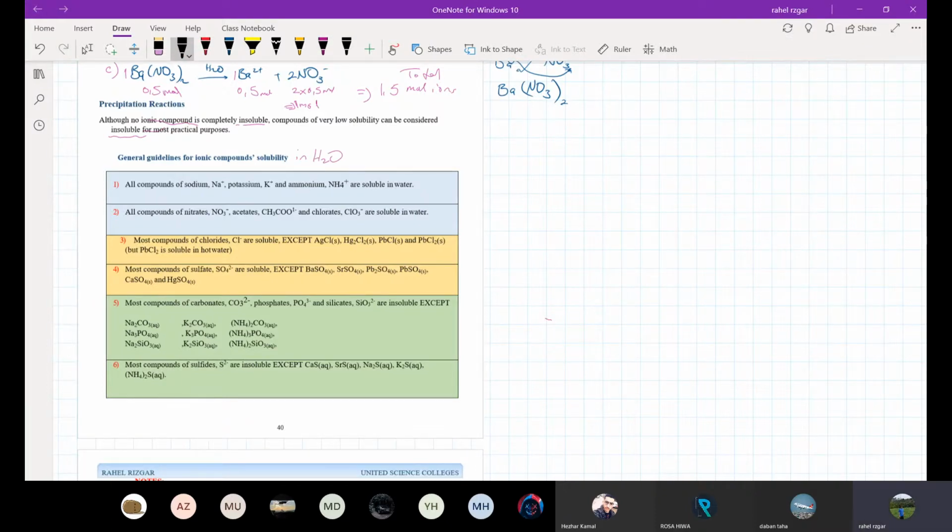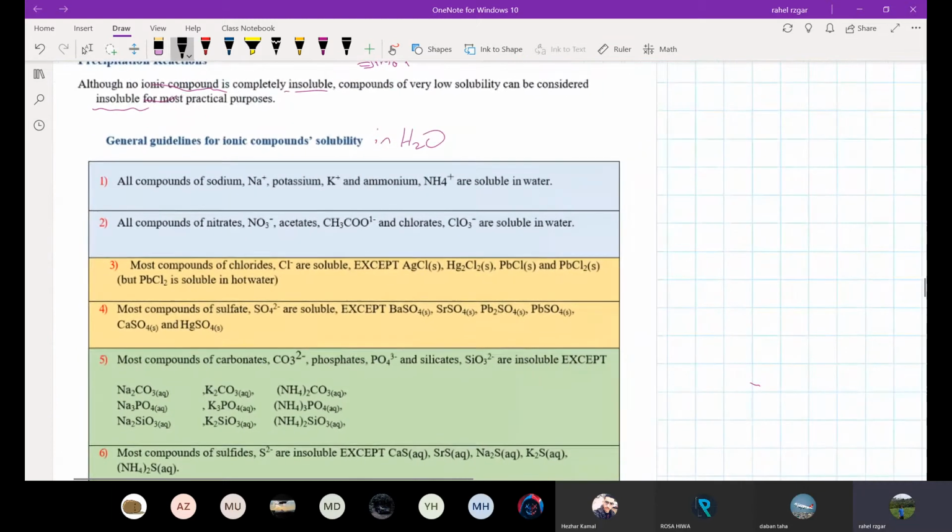Now, the first rule: all compounds of sodium, potassium, and ammonium are soluble in water. What does this mean? It means that any compound that contains any of those 3, you can directly say it is soluble.